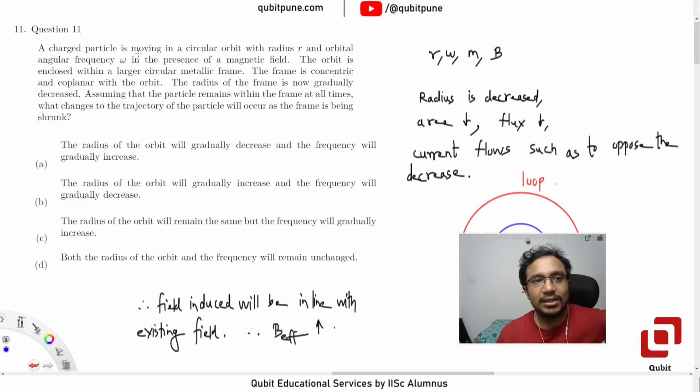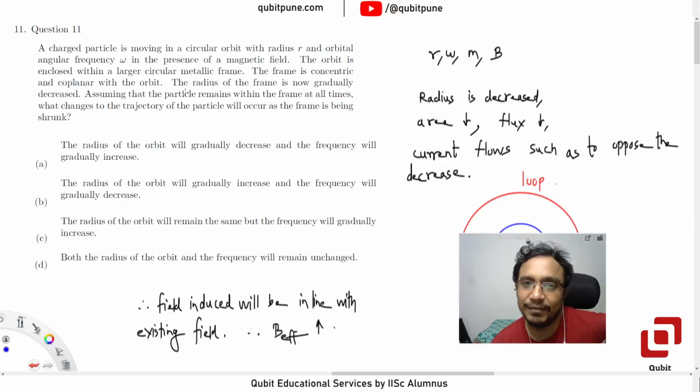A charged particle is moving in a circular orbit with radius r and orbital angular frequency omega in the presence of a magnetic field.